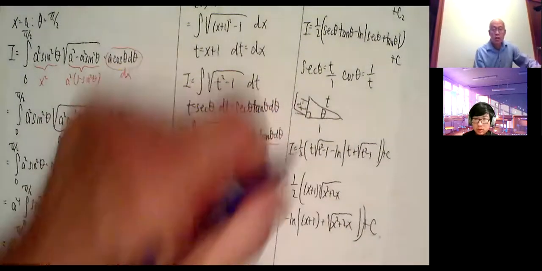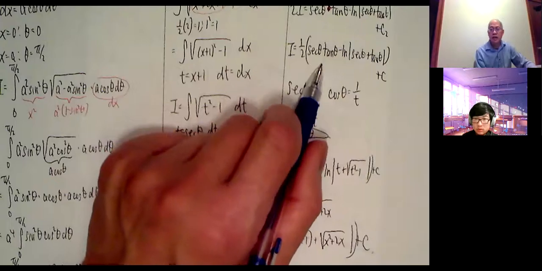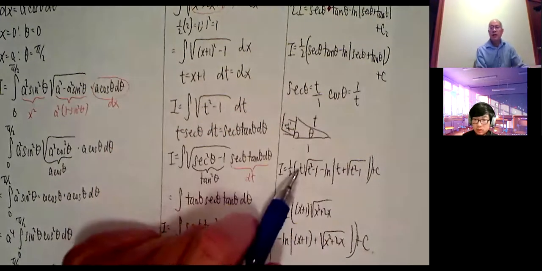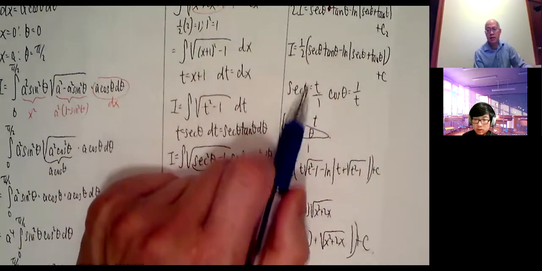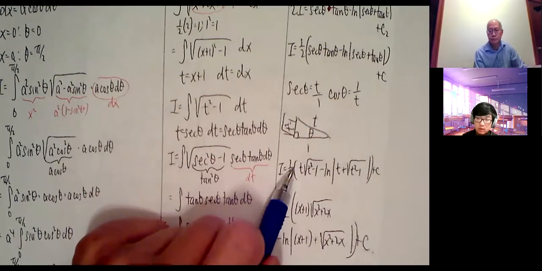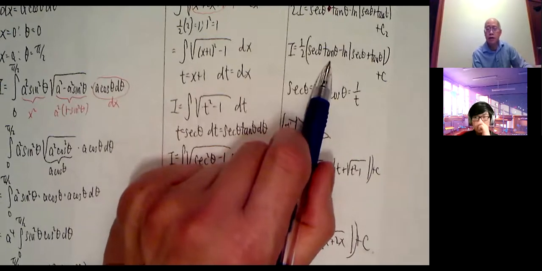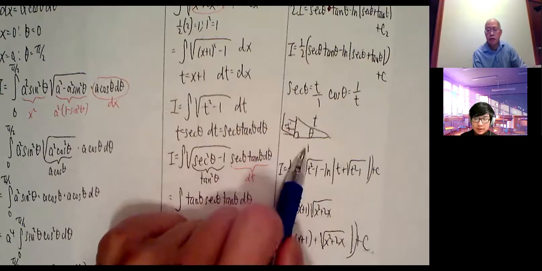Okay, so we're almost there. We have 1/2 of all this stuff: secant theta tangent theta, minus ln absolute secant theta plus tangent theta. Well, we already have it here. Secant is t. Tangent, TOA, was opposite over adjacent.